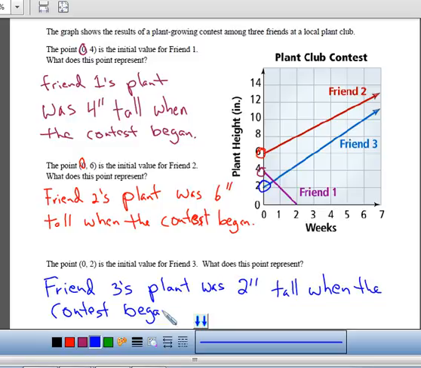Alright, pretty simple. The initial value when the input value is 0. Okay? Alright, we're going to take a look at a couple more examples to help you understand this a little bit better.